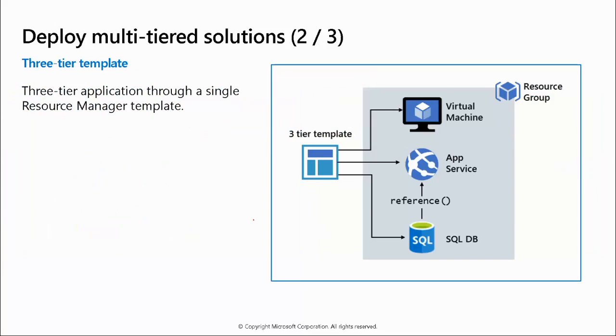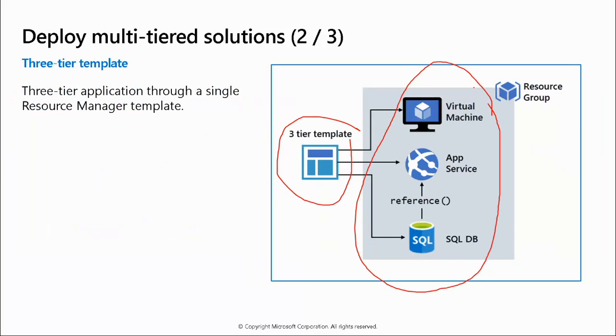Now, you can imagine, okay, I need to use the same file to deploy my entire infrastructure. Yes, you can do it. In one file, provide all your resources: a virtual machine, an app service, and a SQL DB, a simple production system.